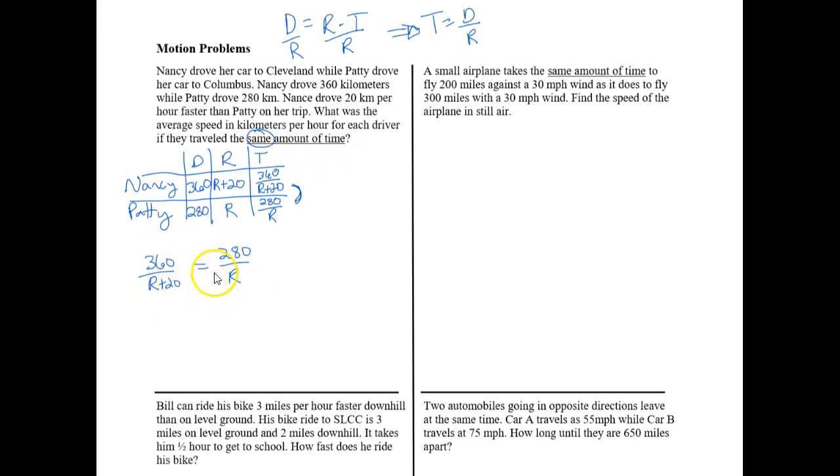And we know with rational equations we need to get a common denominator. So r and r plus 20 are different factors. I'm going to go ahead and multiply the left-hand side by r. So now I have r plus 20 in the denominator. I'm going to multiply the right-hand side by r plus 20.